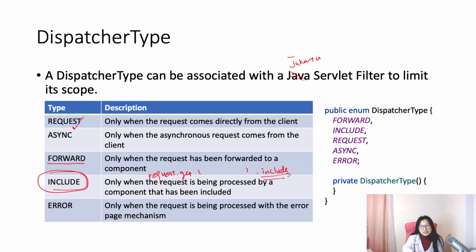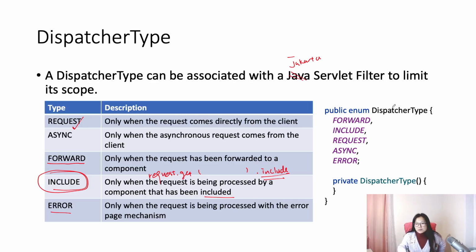Instead of forward, here we use include. I feel the processing is similar to, if you remember the JSP standard action, we have a JSP include, very similar to that one, which is only when the request is processed by a component that has been included. And you have error, only when the request is being processed with the error page mechanism.